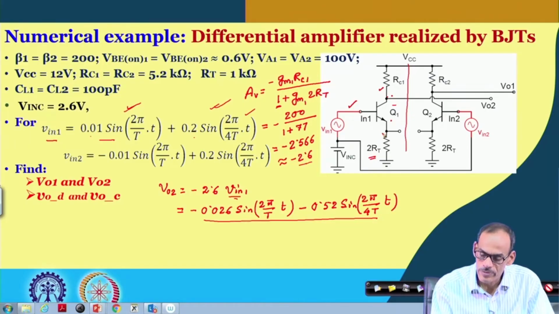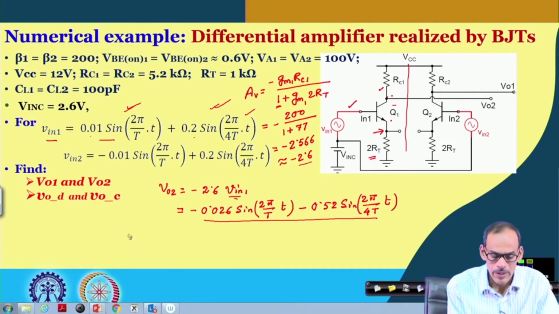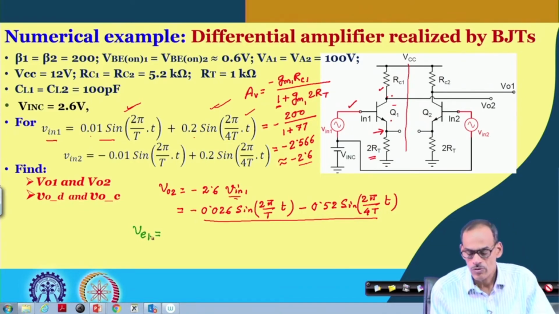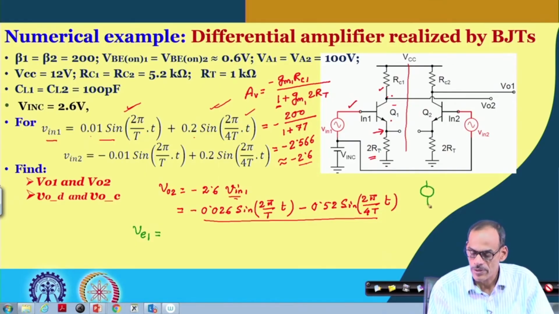And also, if you see the signal at this point, if I call that signal VE1, what kind of signal do I get? Before we consider this RT, we are getting almost the Vin here, and then we do have the output impedance, which is 1 by gm1, and then we are connecting to RT.